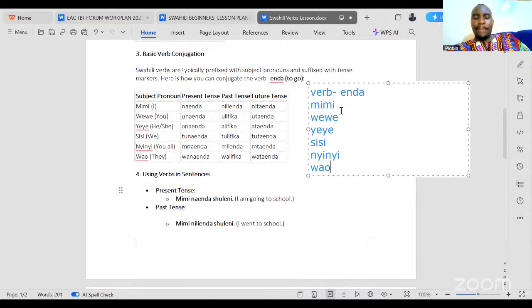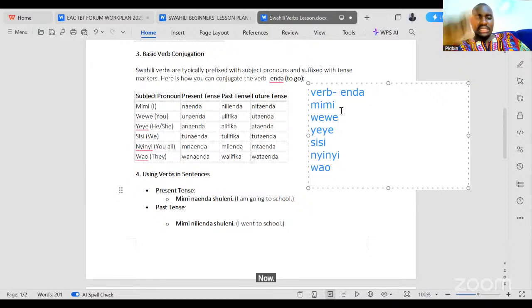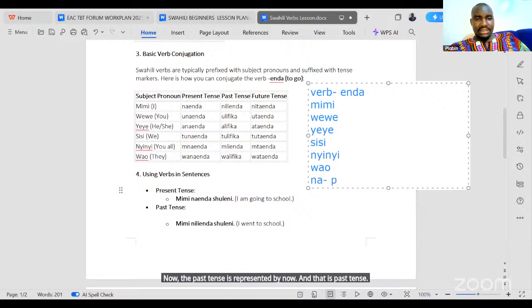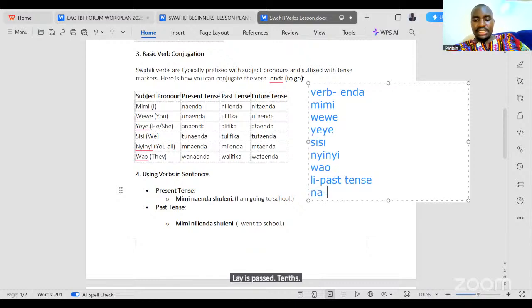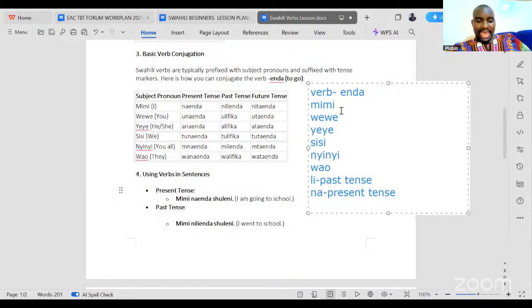Now the present tense is represented by na. Let's go first to the past. Past is li. Li is past tense. Na is present tense. Then ta is the future tense.